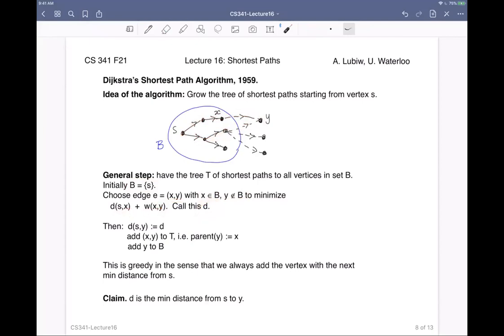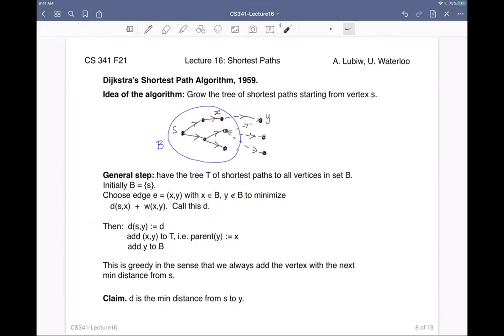And then the update I need to do is I'm going to declare the shortest distance from S to Y is the value D. I will add the edge XY to my tree. In other words, if I want to get to Y, I should first get to X and then take the edge XY. I set the parent of Y to be X, and I add the vertex Y to the set B. So these are the updates that I do.